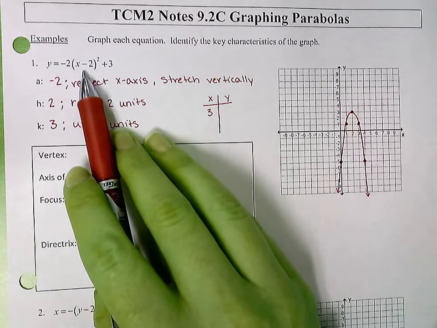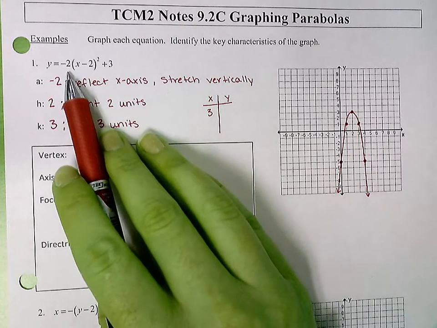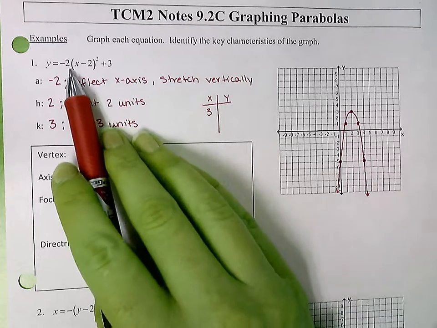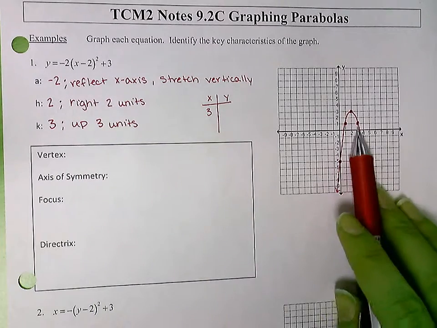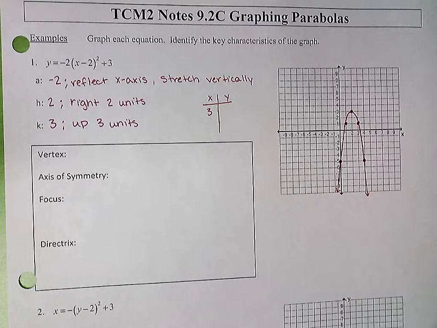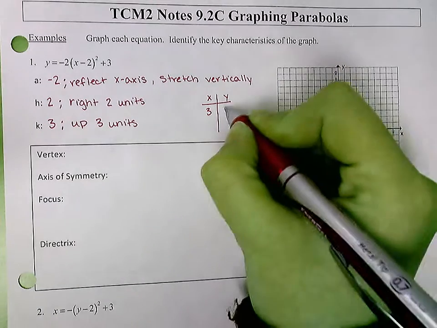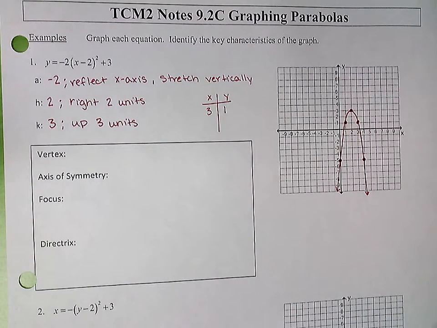Okay, 1 squared is still 1. 1 times negative 2 is negative 2. 3 plus negative 2 is 1. So I have 3, 1. Okay, so you can still plug in points for x and get that coordinate. I just find it easier to use A, H, and K. So go from your parent function and move it.